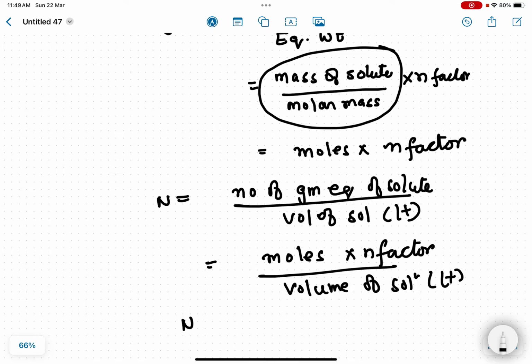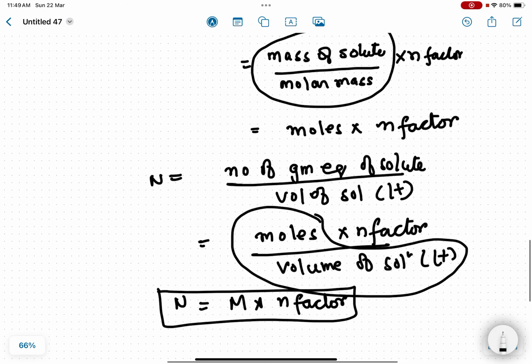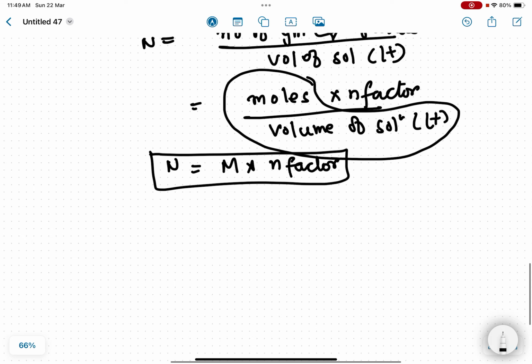So this term gives us molarity times N factor. This is the relation between molarity and normality. So these are the terms we can define to understand the concentration of a solution.